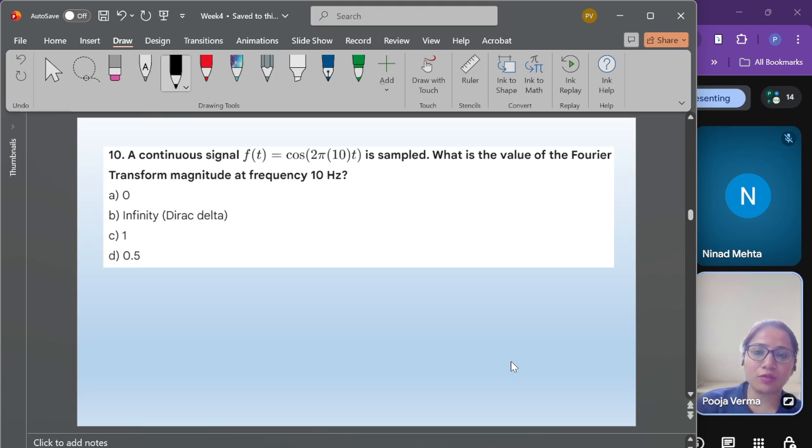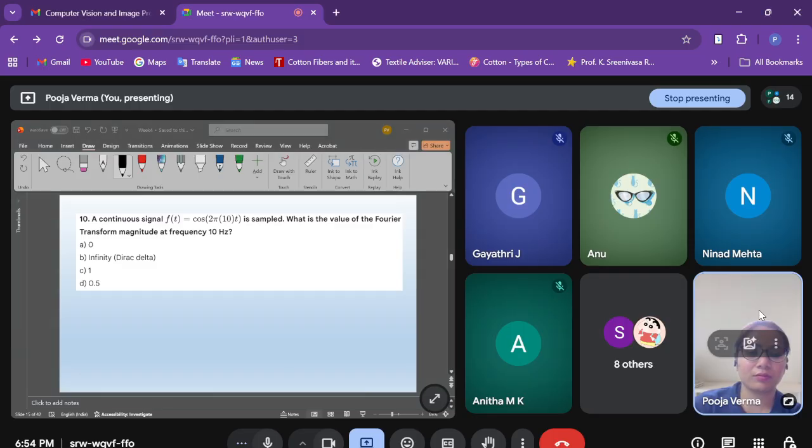Anyone would like to solve this question? The continuous time signal is given, and they are asking what is the value of the Fourier transform magnitude at frequency 10 Hz. Any one of you would like to answer this question?